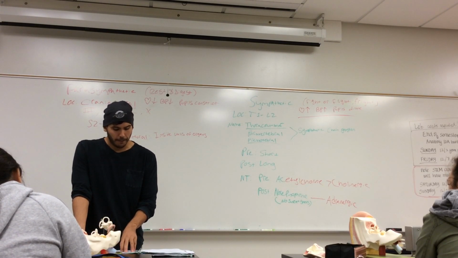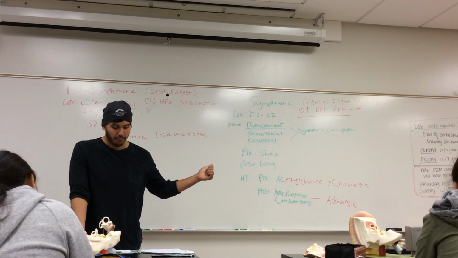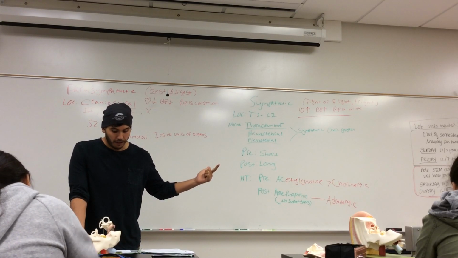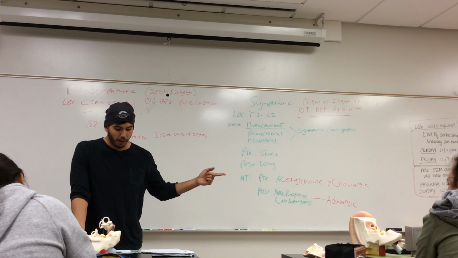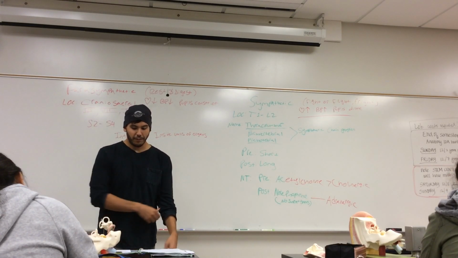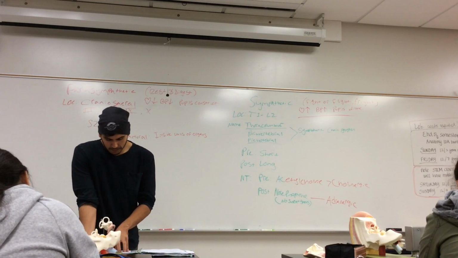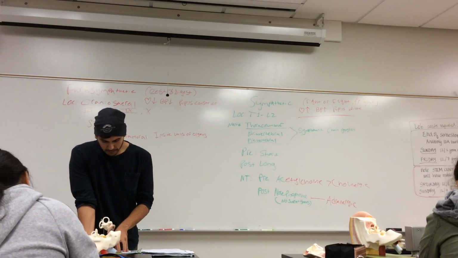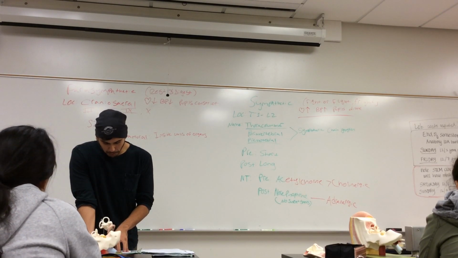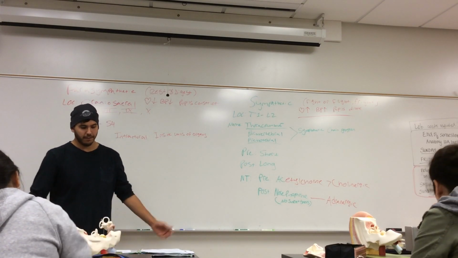Number 9, ventral rootlets. 10, ventral root. 11, spinal nerve. 12, because we need to innervate the ones in the front, ventral ramus. And then it travels down to the lumbosacral plexus to leave the area. That was it.